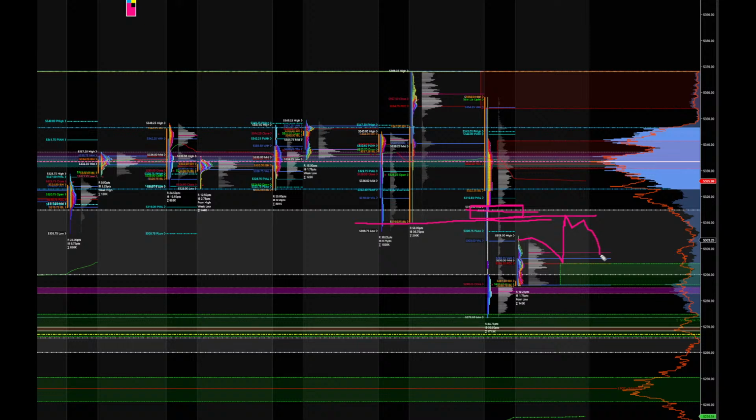Okay? And you're probably going to test yesterday's most traded price. And like I said, if you break this week low and hold, you're going to test yesterday's lows. Maybe hit this naked VPOC 5270. Then you have single prints underneath. We could possibly go to 5250. I don't know if that happens. I'm just giving you a for instance, okay?